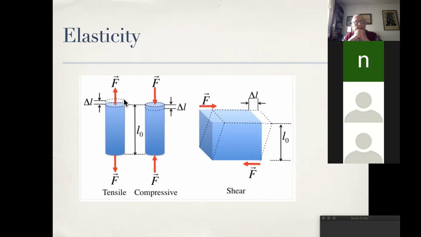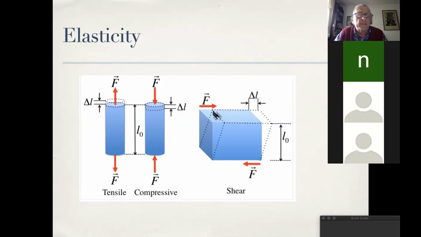But now let us look at a block of material in the form of a cube. If we look at this cubic material and we apply the force F in this direction, which I still keep on calling X, and let me hold the bottom of the box, or apply the same force F in the opposite direction.